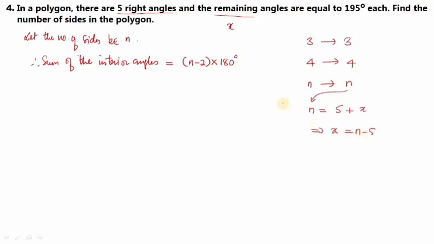Now let's see what is happening here. The sum of the interior angles: there are 5 right angles, so the sum of the 5 right angles will be 5 into 90, plus you have n minus 5 remaining angles, and all of them measure 195 degrees. So it will be 195 degrees into n minus 5, which equals n minus 2 into 180 degrees.